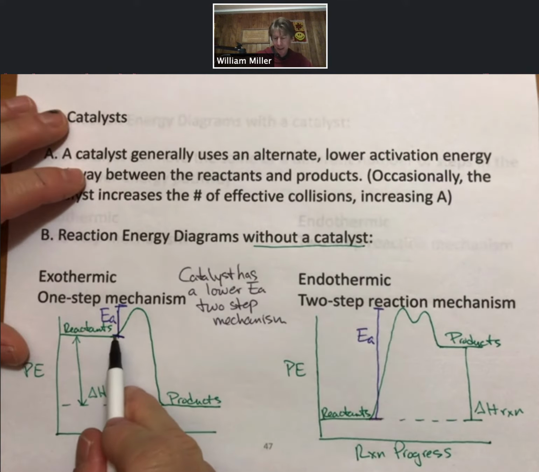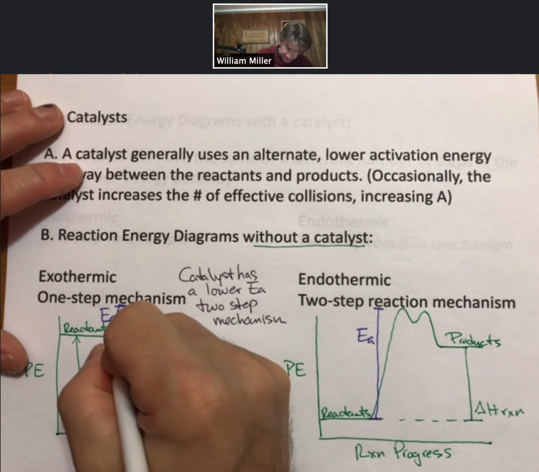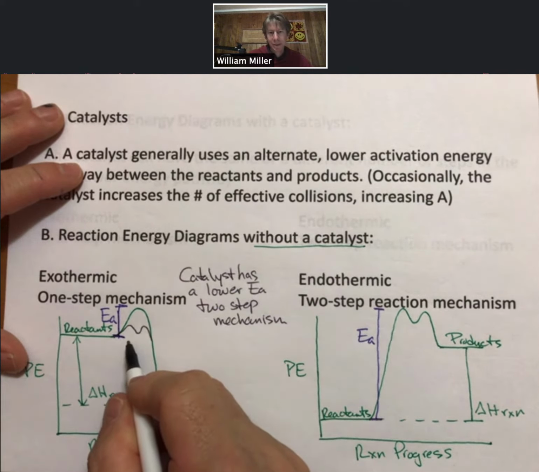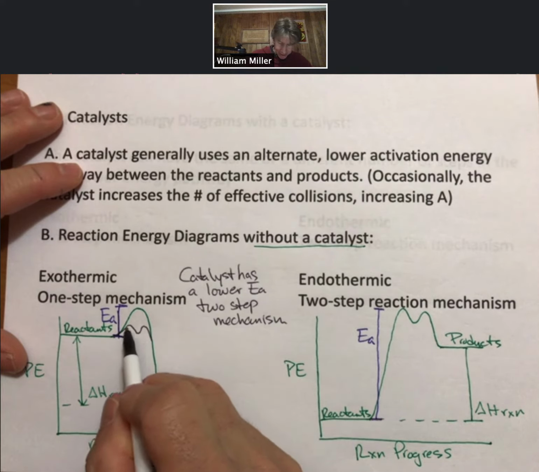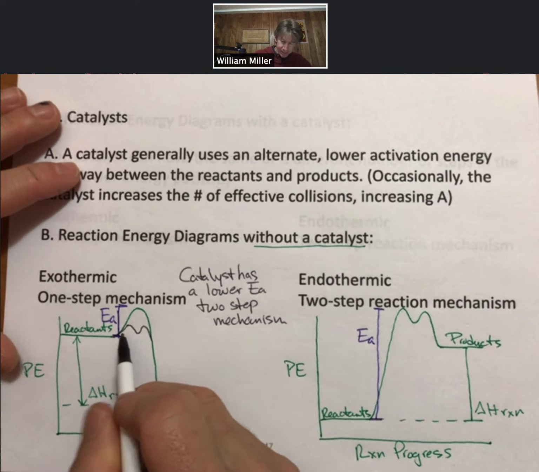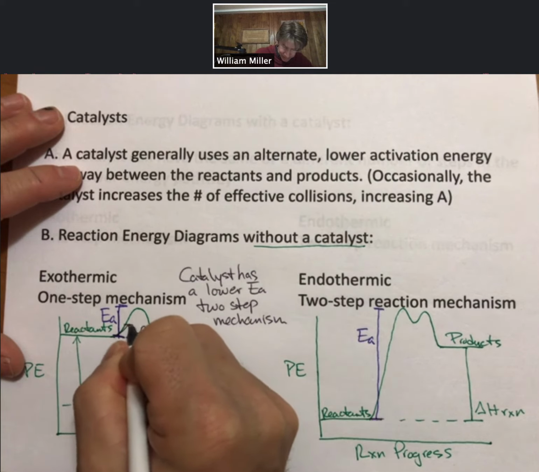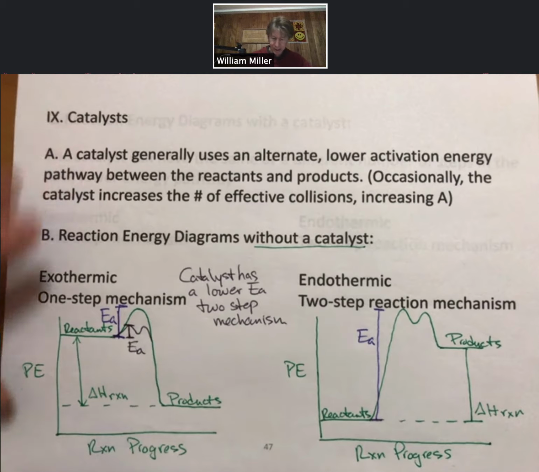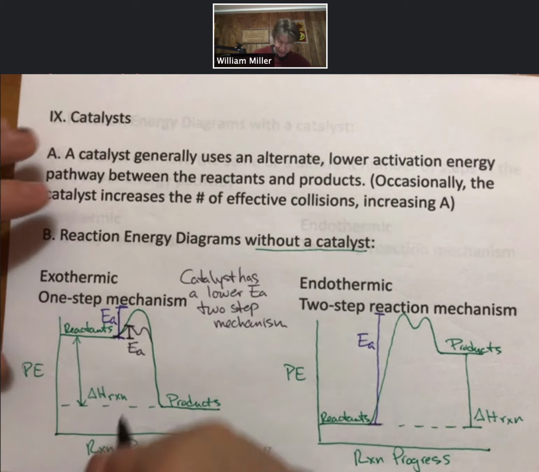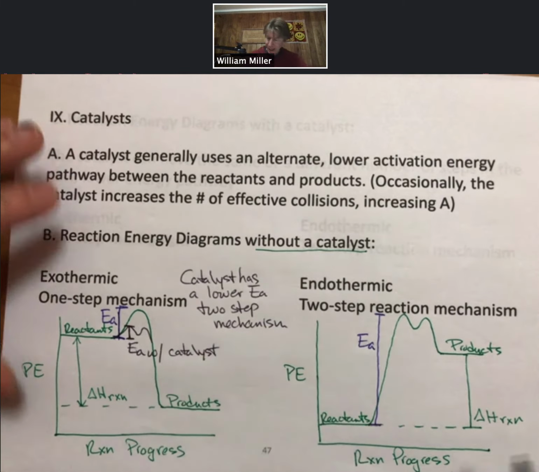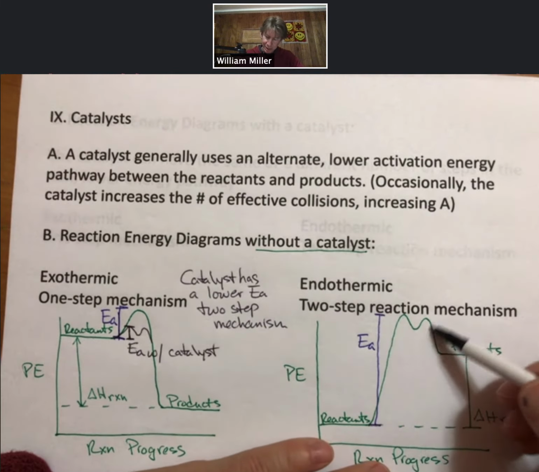What that would look like for an exothermic reaction would be two humps, lower in energy, and the activation energy is now always to the first hump. And so here is our new activation energy with catalyst. And so it's a two-step reaction mechanism.